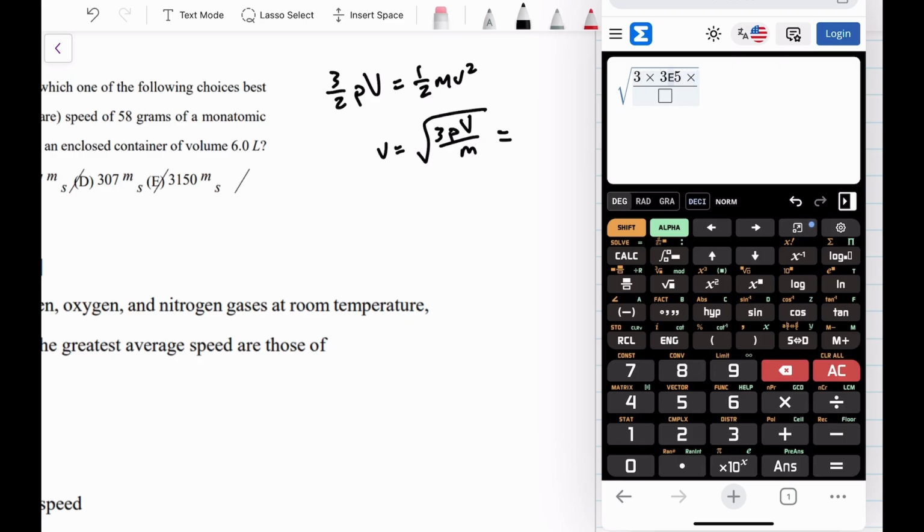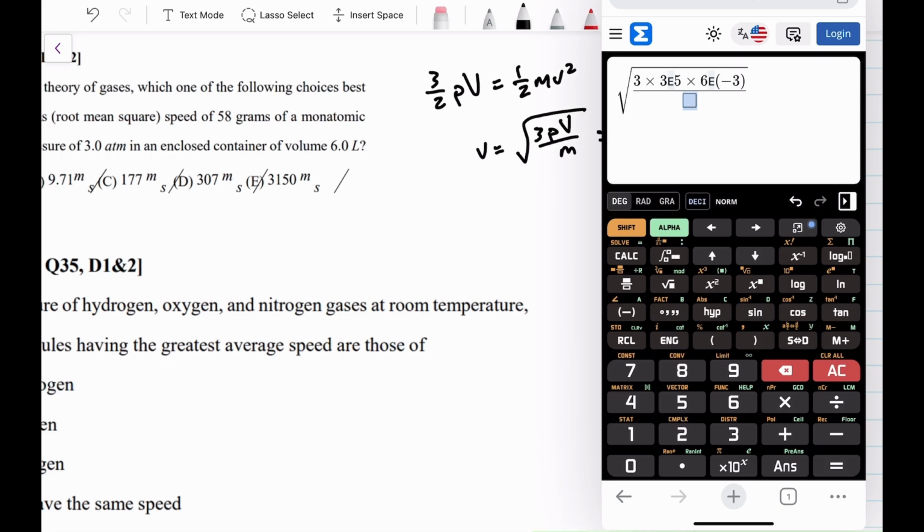If you convert liters to cubic meters, that would be 6 times 10 to the minus 3, and I think I need to add brackets, and then over the mass, which is 58 grams, so times 10 to the minus 3 again.